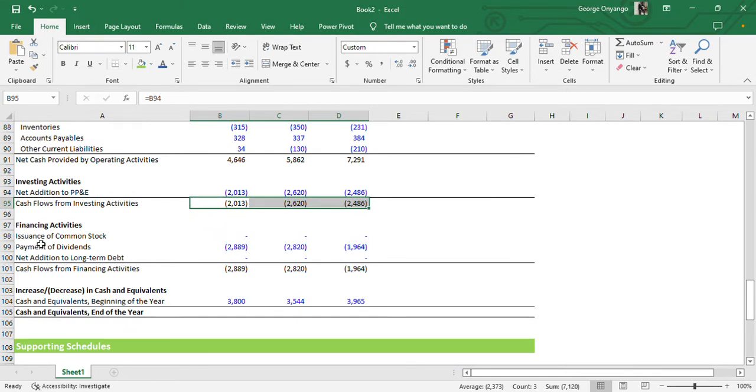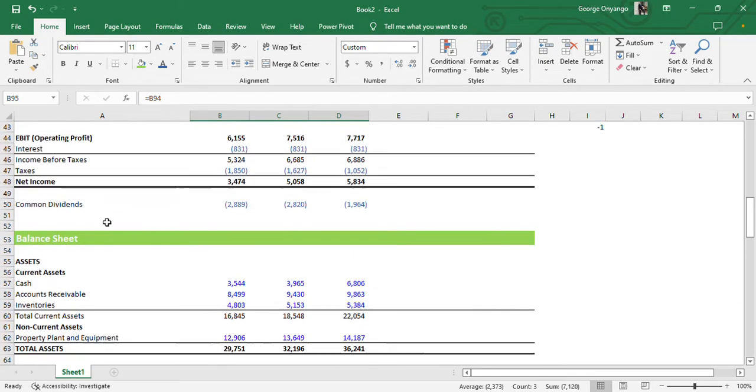Then we also have the financing activities. Then we have the issuance of common stock. In the years 2010, 2011, 2012, this company did not issue any common stock, so it means that they did not get any money through the selling of stocks. But they paid dividends, as I showed you somewhere up here.